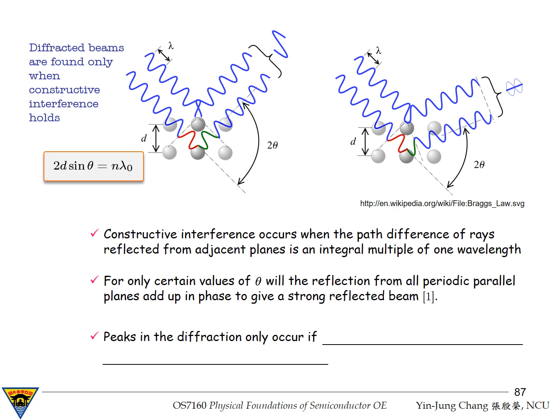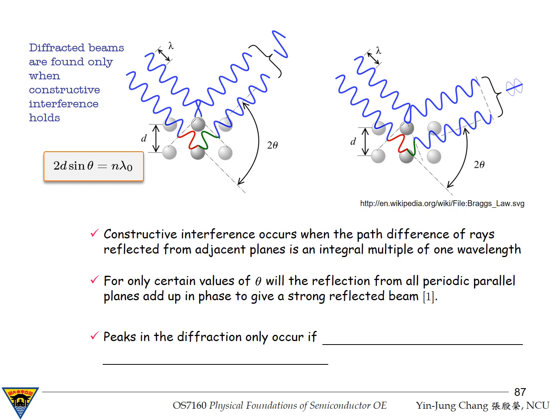On the contrary, when the reflected X-rays from adjacent parallel lattice planes are out of phase by 180 degrees, we have totally destructive interference because their amplitudes add up to 0. This is the case shown in the figure on the right.